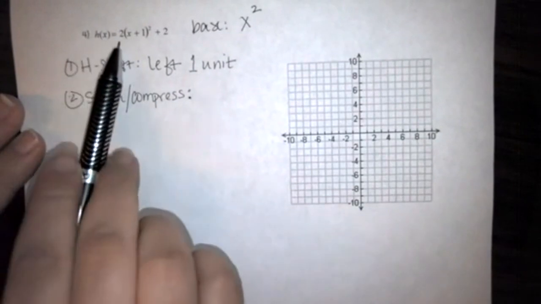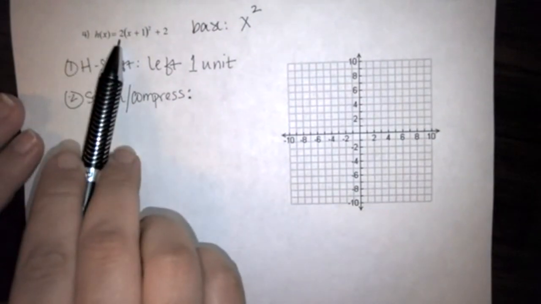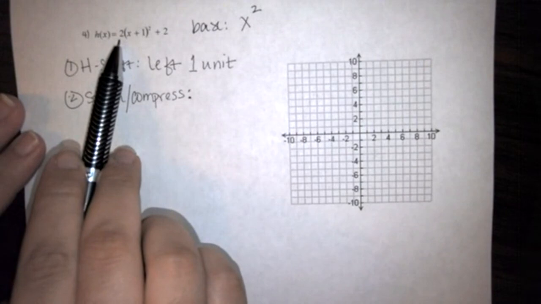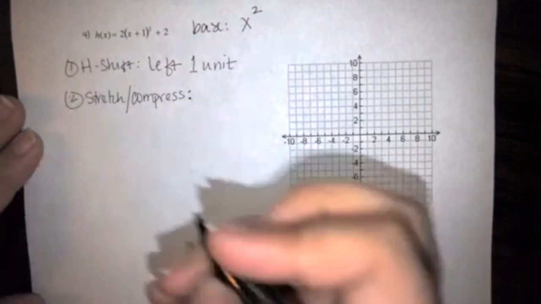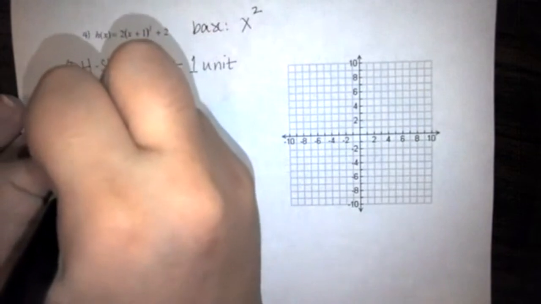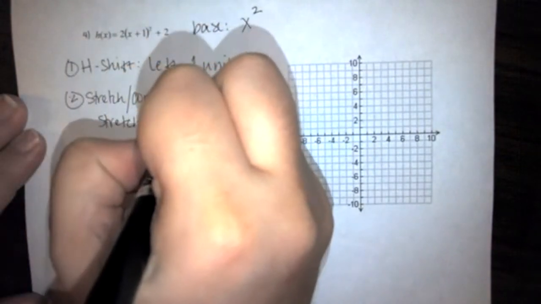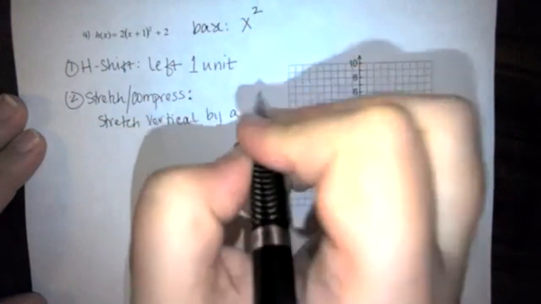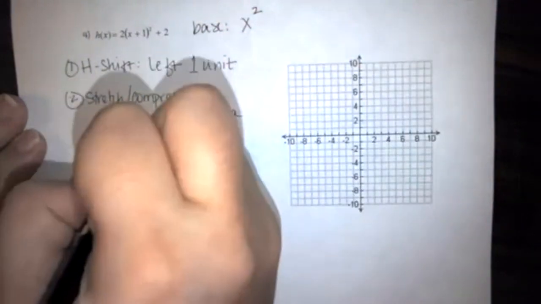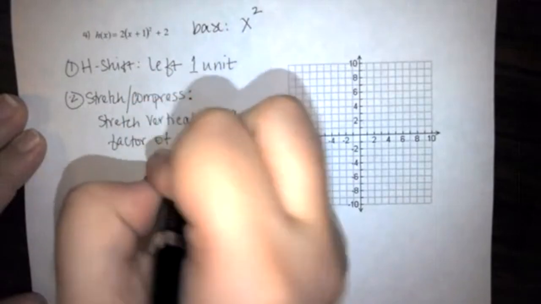And in this case, it is a whole number. So our vertical stretch or compress at a whole number means we are stretching it. So we are going to stretch vertically by a factor of 2.